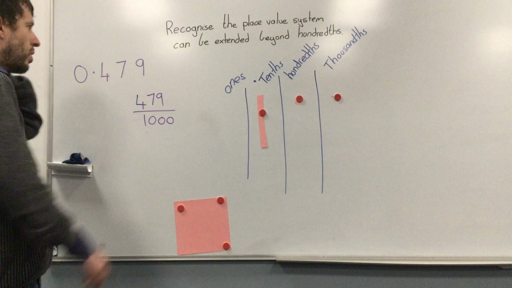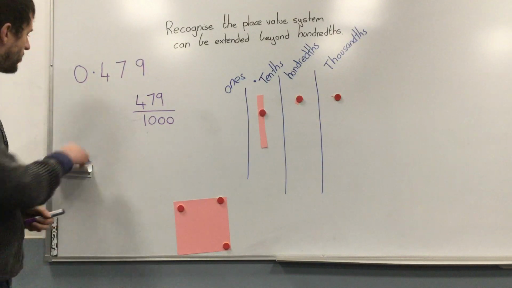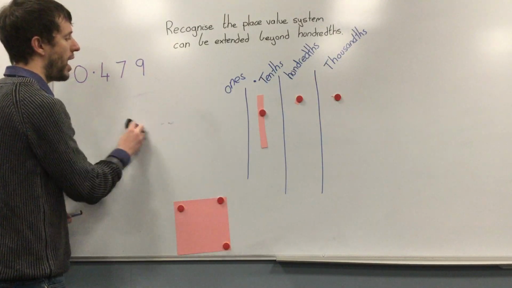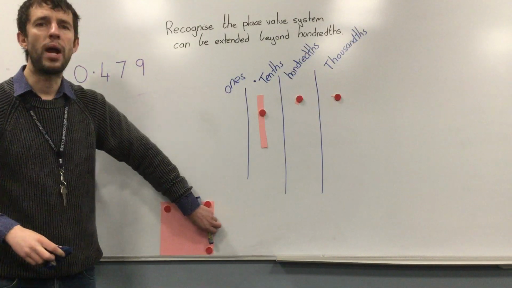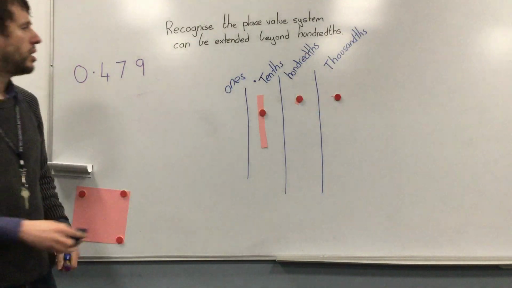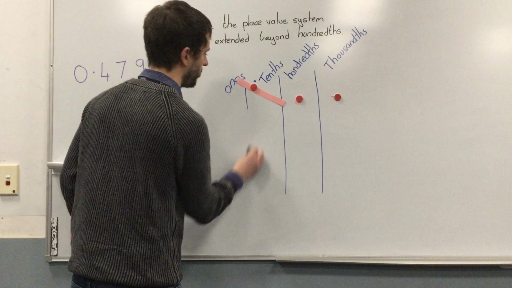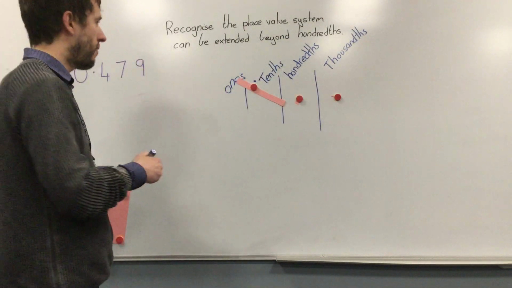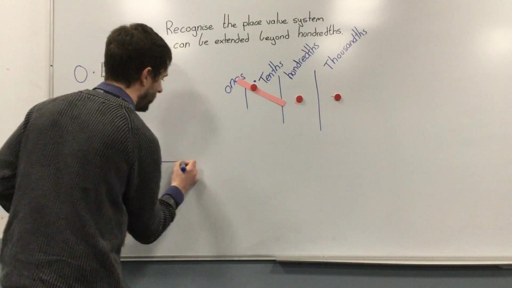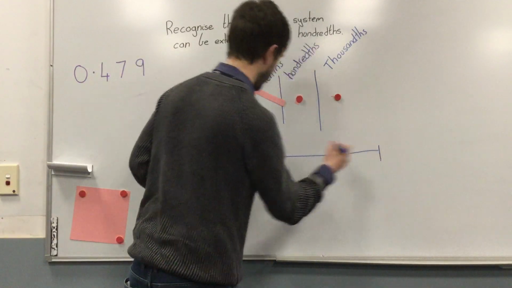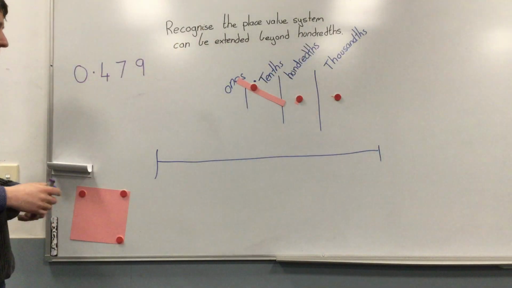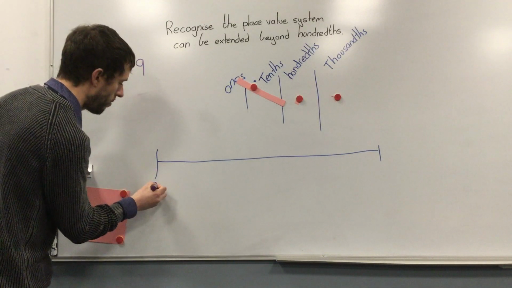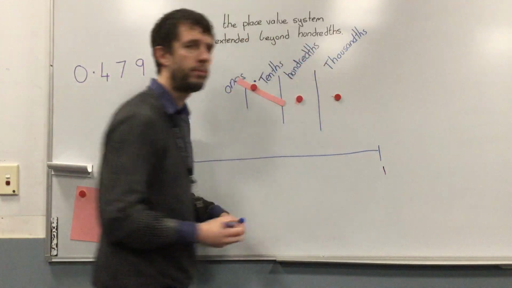The reason why we look at them as a decimal is because it makes it easier for us to think about where our numbers go. So for example, I'll make some space here. If I do a number line, the first thing I think about is between 0 and 1.